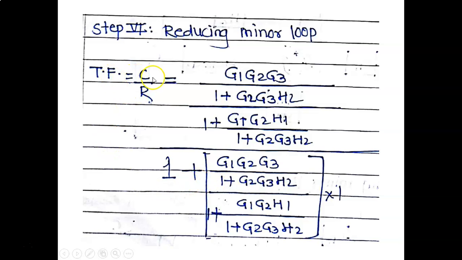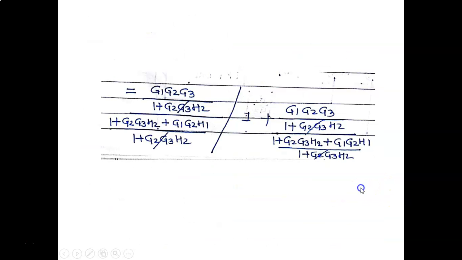Therefore, transfer function, that is C upon R, is equal to G1, G2, G3 divided by 1 plus G2, G3, H2 divided by 1 plus G1, G2, H1 divided by 1 plus G2, G3, H2, divided by 1 plus bracket G1, G2, G3 divided by 1 plus G2, G3, H2 divided by 1 plus G1, G2, H1 divided by 1 plus G2, G3, H2 into 1. This one is due to that unity feedback.